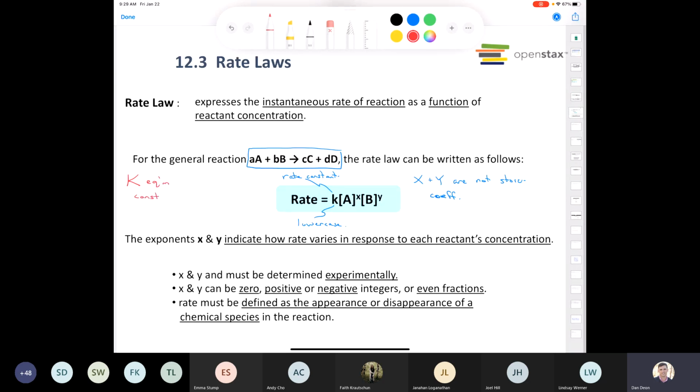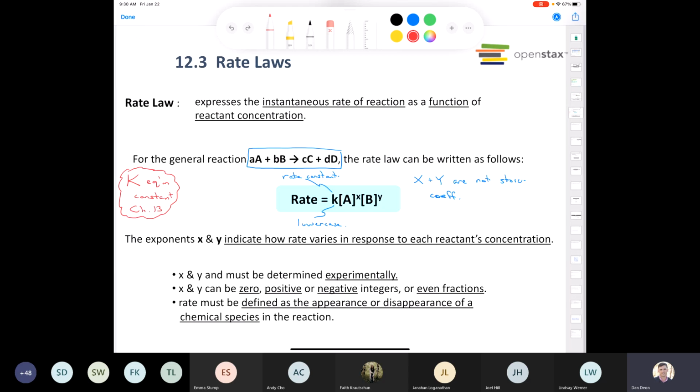That's another chapter, chapter 13, so you don't really have to be too concerned with the big K right now. So we have a little k, which is our rate constant, and x and y are not the stoichiometric coefficients. They have nothing to do with A and B. They could be the same numbers as A and B, but that would only be coincidental.